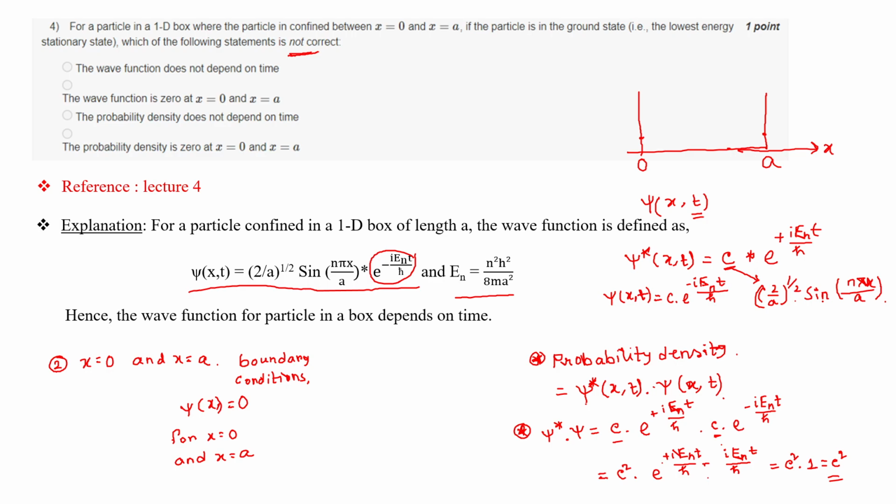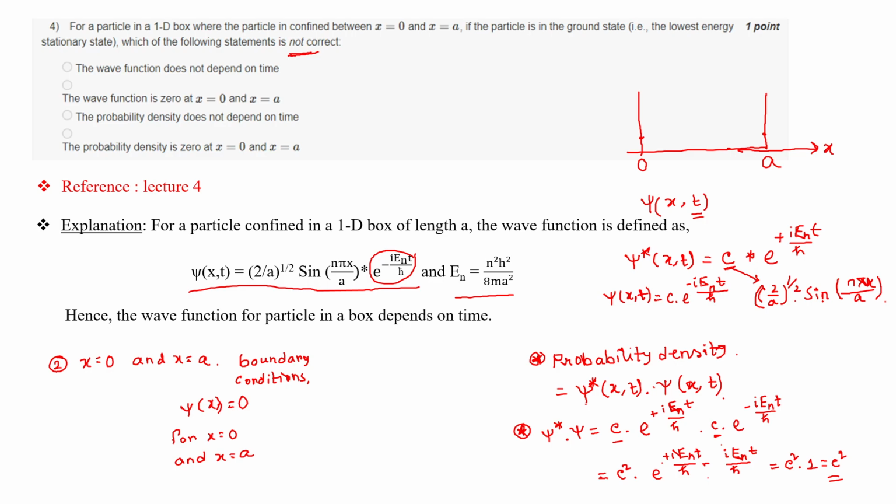Whenever you multiply by 0, you get 0. So the probability density is 0, because probability density is nothing but psi star into psi. If psi is 0, psi star is also 0, so multiplying psi and psi star gives 0 into 0, which is 0. So probability density is 0.